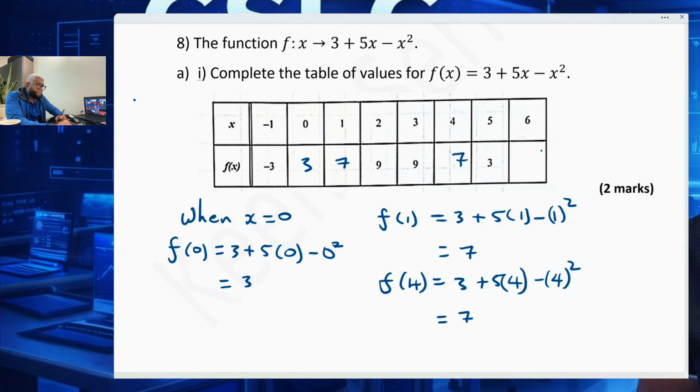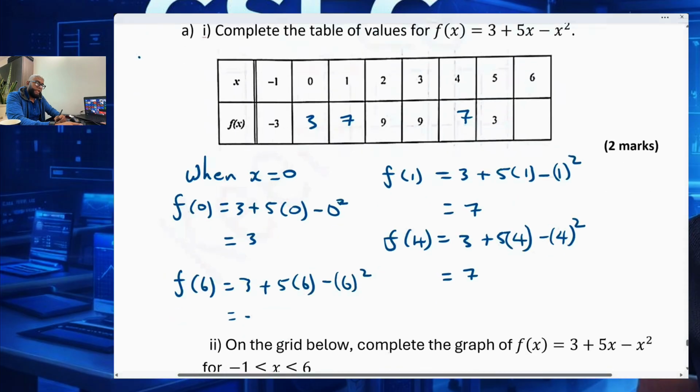And last one is f of 6. 3 plus 5 by 6 minus 6 squared would be equal to what? Negative 3. Right? So everybody has their coordinates, right? We have our domain, we have our range. Together they form our coordinates coming down the road.